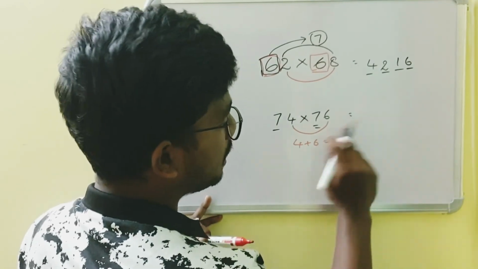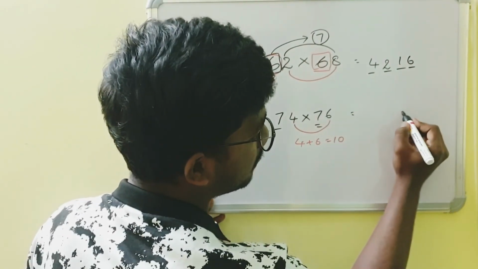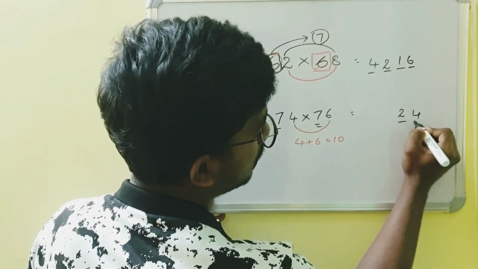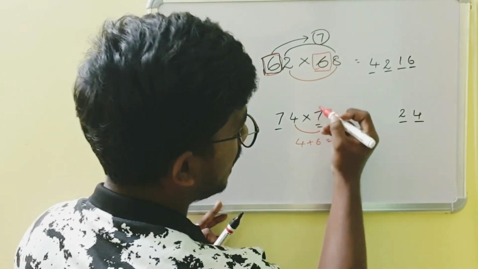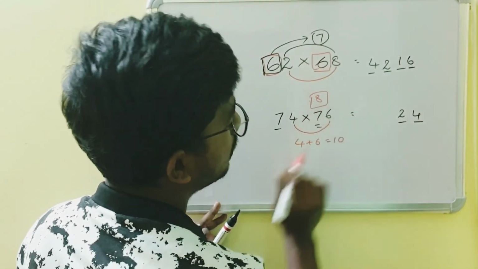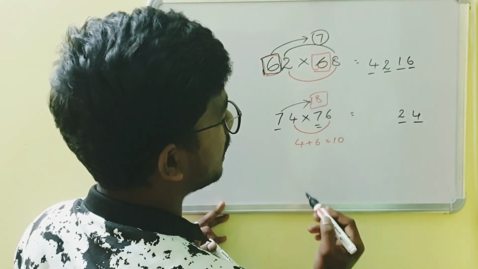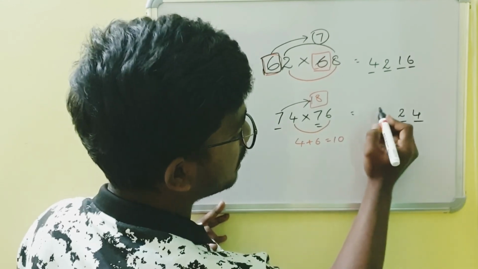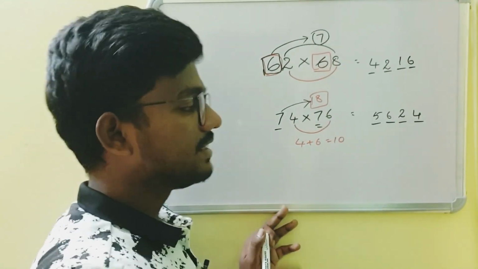So to obtain the last two digits, we can directly multiply the numbers in the units place, which is nothing but 24. 6 into 4 is 24. Now we have to add 1 to the number in the tens place, which is nothing but 8, and multiply the tens place with the number 1 added. So 7 into 8 is nothing but 56. So our answer is 5624.